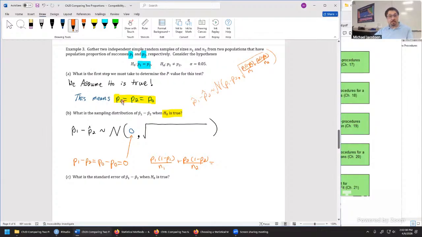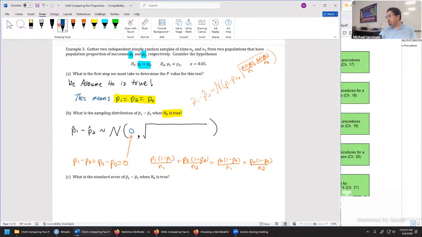Well, both P1 and P2, those population parameters, are a common value P naught now. So this becomes P naught times 1 minus P naught over N1 plus P naught times 1 minus P naught over N2. That means you could just factor out the entire numerator, P naught times 1 minus P naught, from this entire side right here.